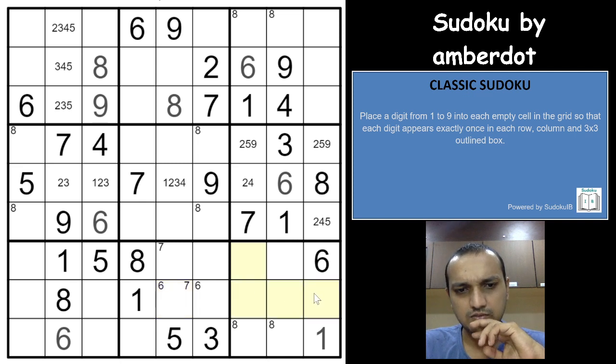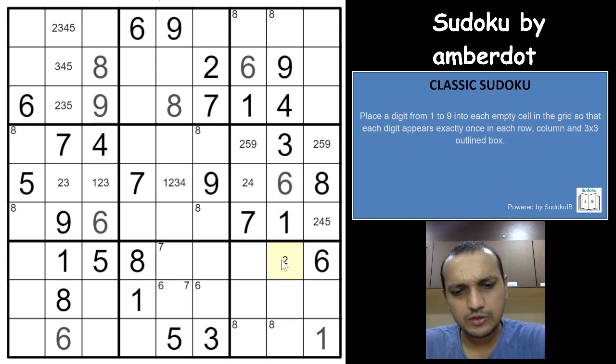Five in these 3 cells, so 1, no, nothing with that. Five, 8, 2 and 7.